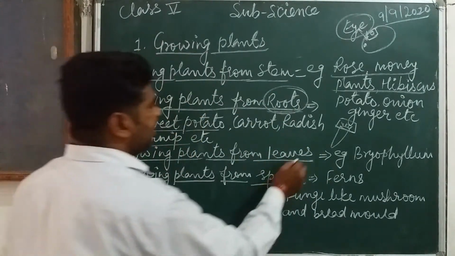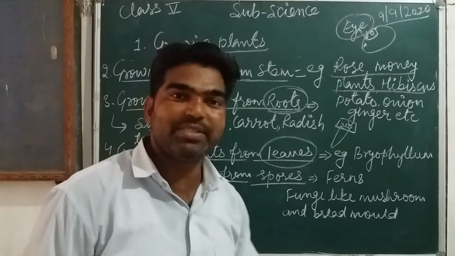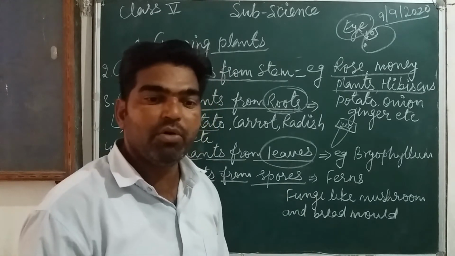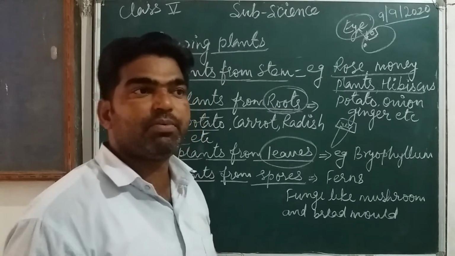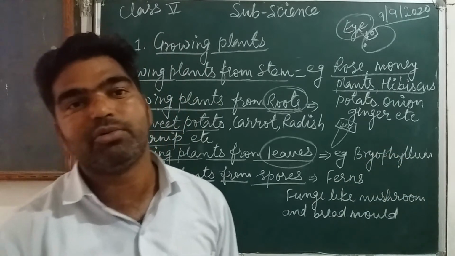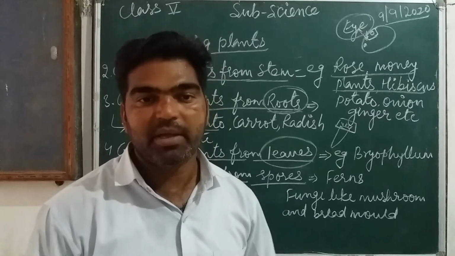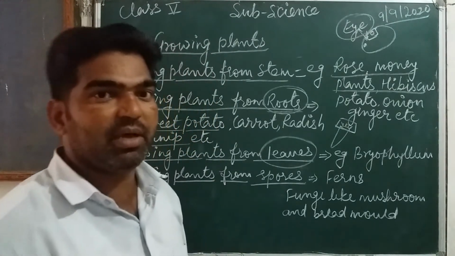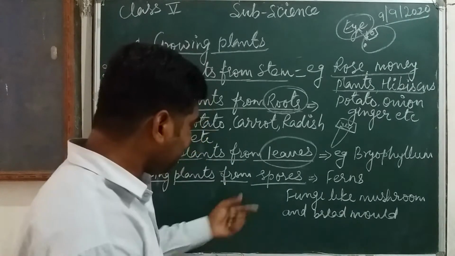Now next, from the leaves, means the leaves of the bryophyllum. For example, bryophyllum is one type of plant which can be grown by the leaves, means certain leaves from the bryophyllum, after shedding, fall down on the ground, and by getting some moisture and sunlight and this favorable condition, it develops into a new plant like this.